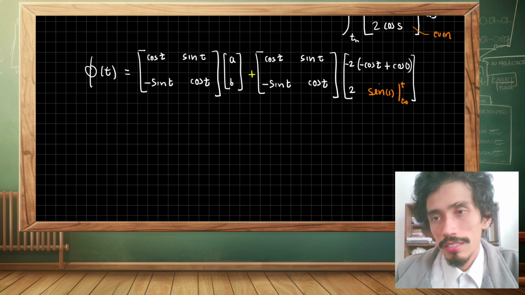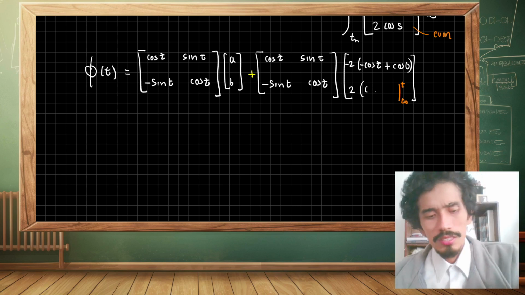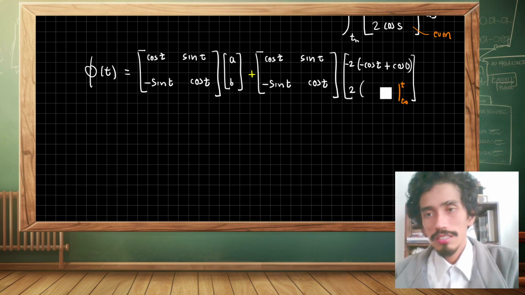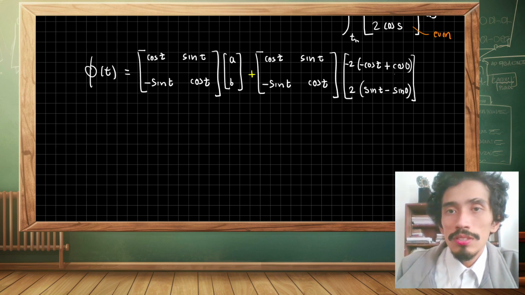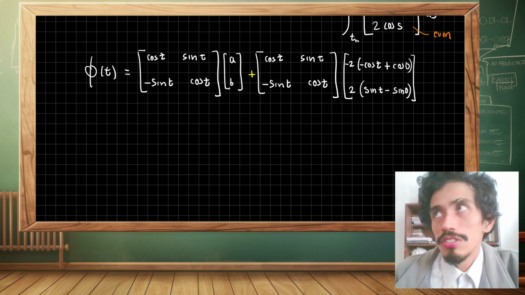And down here it will be the sine of t minus the sine of 0. And you know that the cosine of 0 is equal to 1, and the sine of 0 is 0.